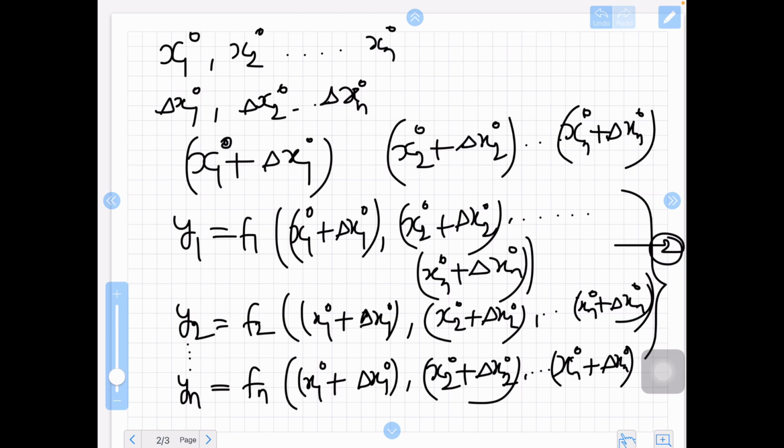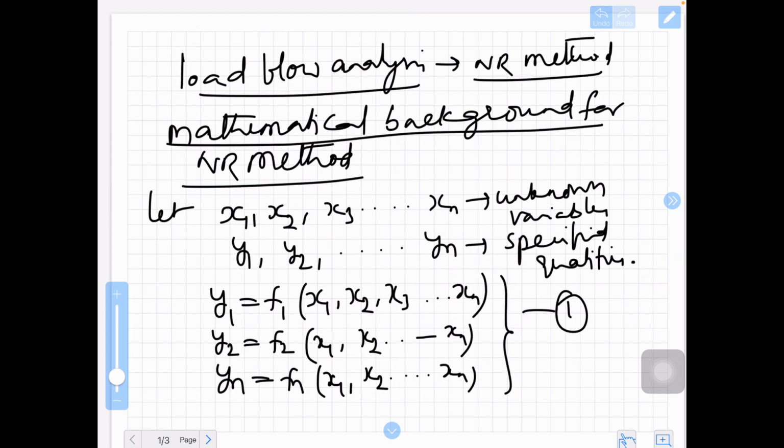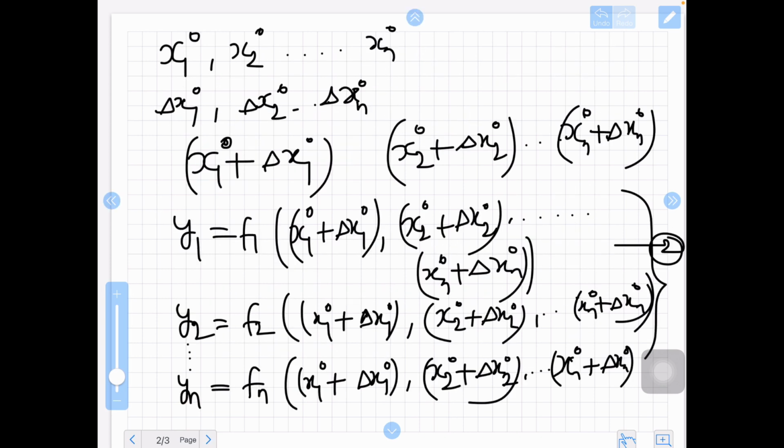So here we have included the correction factors for the unknown variables. If you see the previous page, equation 1 defines the specified quantities as a nonlinear function of the unknown variables. But for these unknown variables, in the iterative procedure, we assume the initial solution for x1, x2, x3 like x1 naught, x2 naught, xn naught, and then the corrections required are delta x1 naught, delta x2 naught, etc. up to delta xn naught.